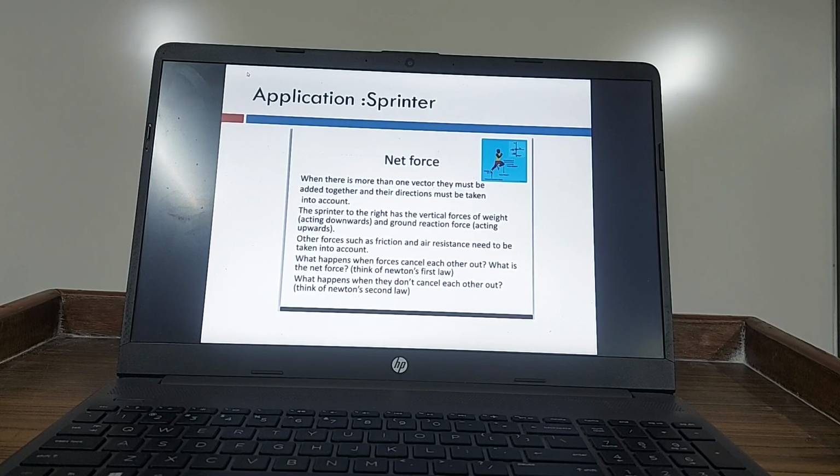Now what will happen if they don't cancel each other out? If the weight and the ground reaction force don't cancel each other, what will happen here? The body will be propelled forward. Acceleration depends upon what? Force, and acceleration depends upon force and is inversely proportional to the mass.